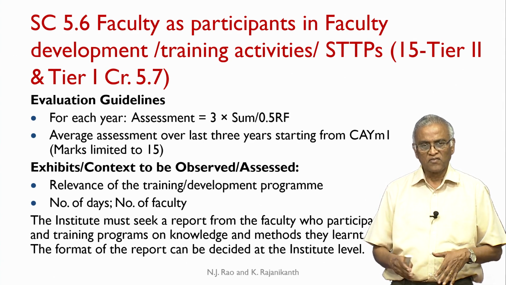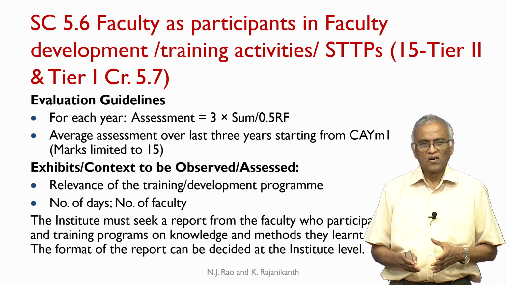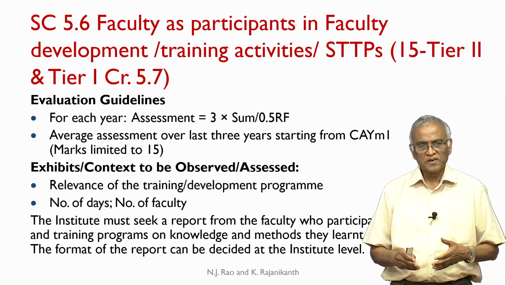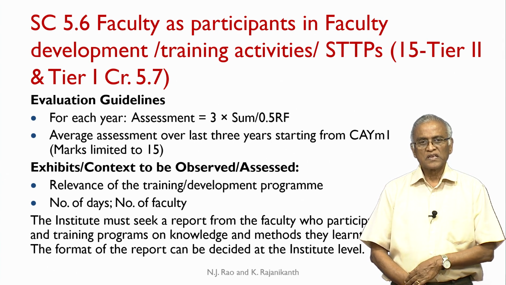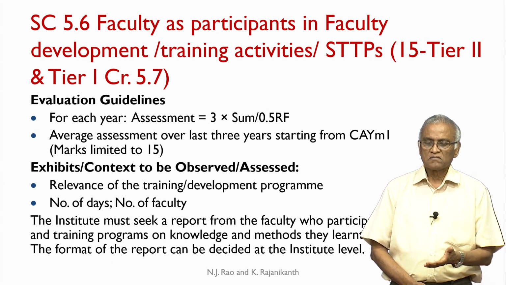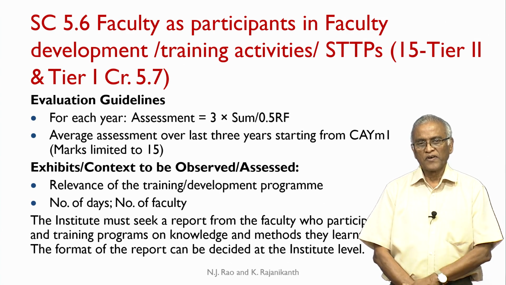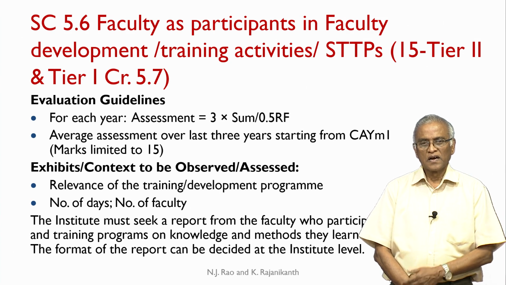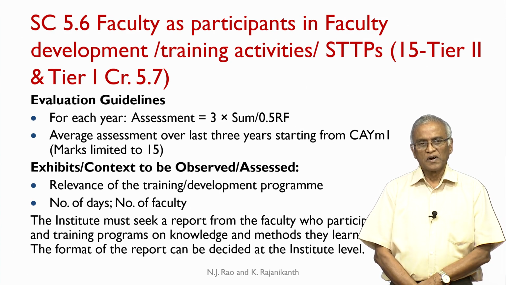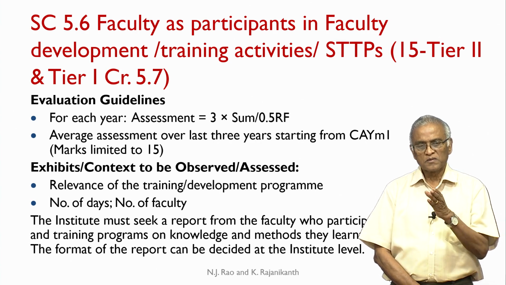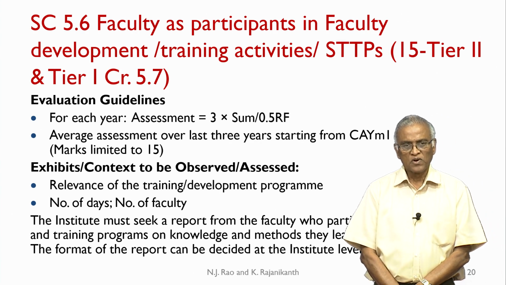As the subjects are evolving and instruction methods are growing, one needs to spend some time recharging oneself, and to that extent there is some weightage given to teachers participating in this kind of faculty development programs, and you have 15 marks for tier 2 and similarly 15 marks for tier 1. This particular criterion becomes 5.7 in the case of tier 1 institution.